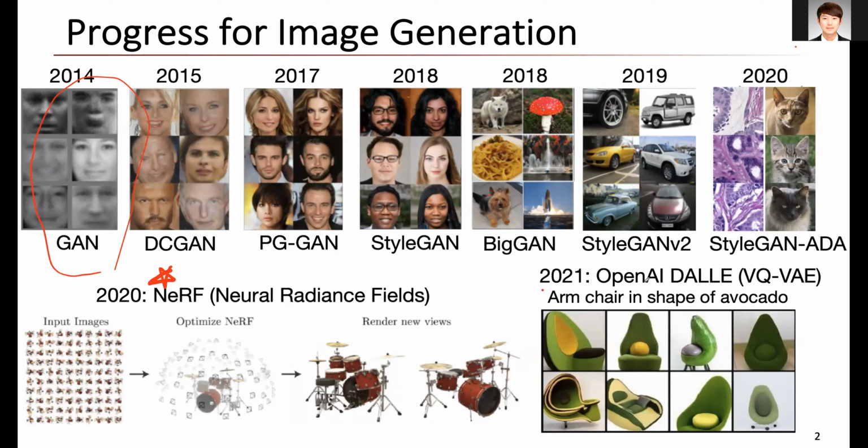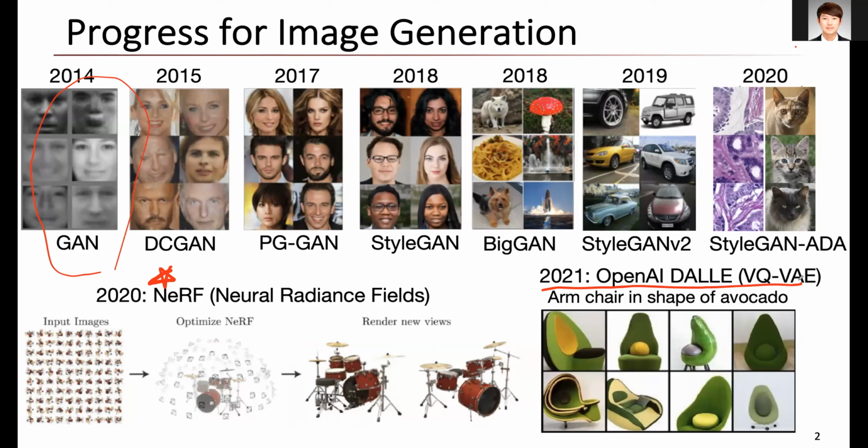Last year, there was another paradigm, VQ-VAE. It's not a GAN anymore, but it's another generative model. So it was the DALL-E paper by OpenAI. And more recently, this year, there was another boom about diffusion models. Diffusion model is another kind of generative model, right?